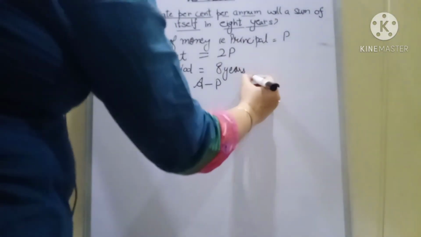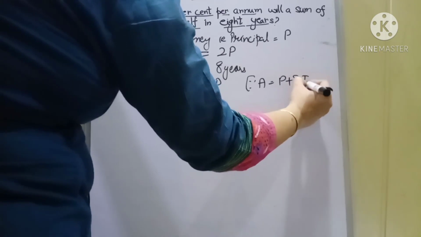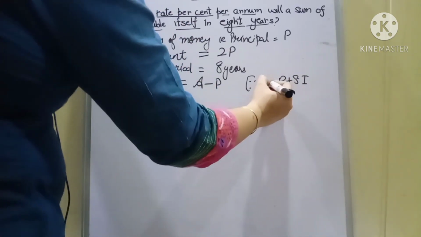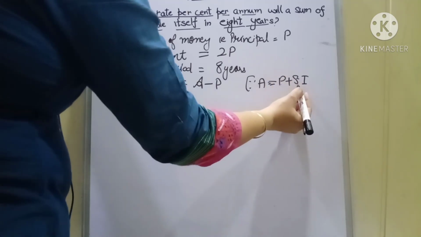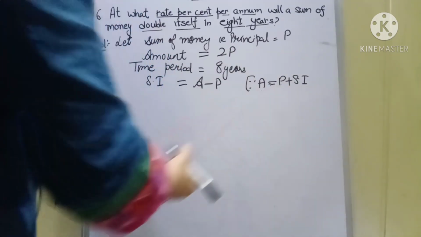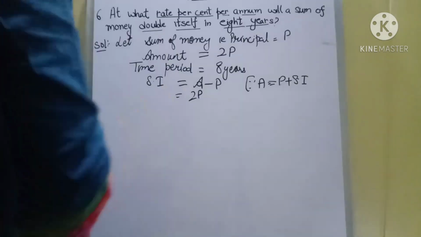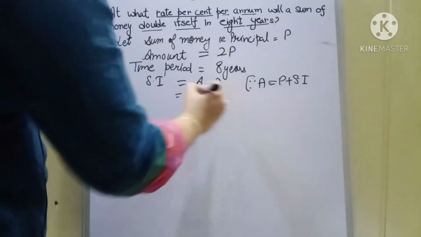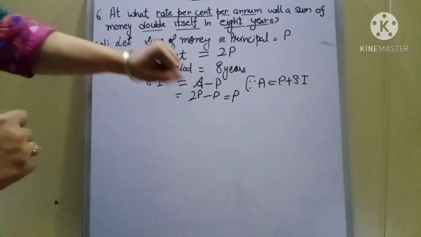Because amount is equal to principal plus simple interest, we transpose the positions. To find the simple interest, we subtract principal from the amount. So the amount is 2P, principal is P. What are we getting? P. So simple interest is P.